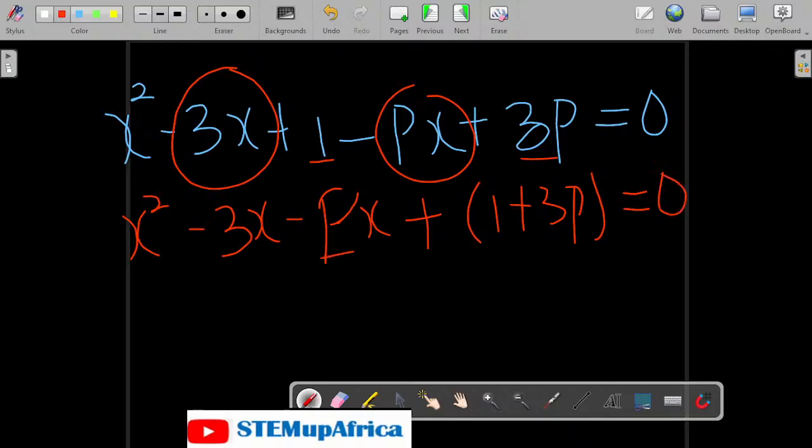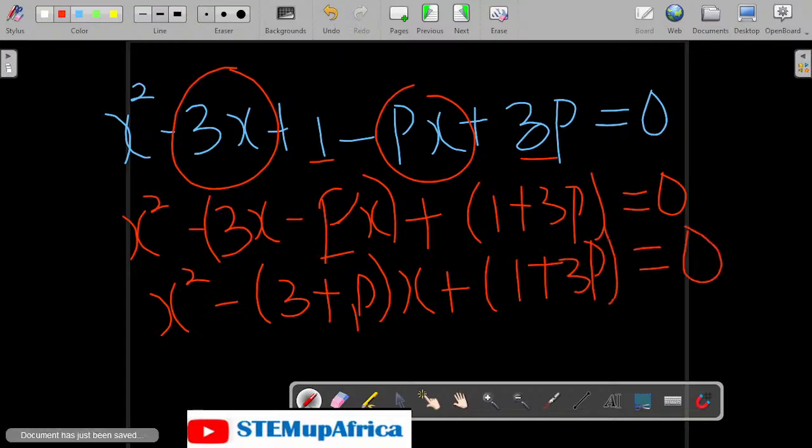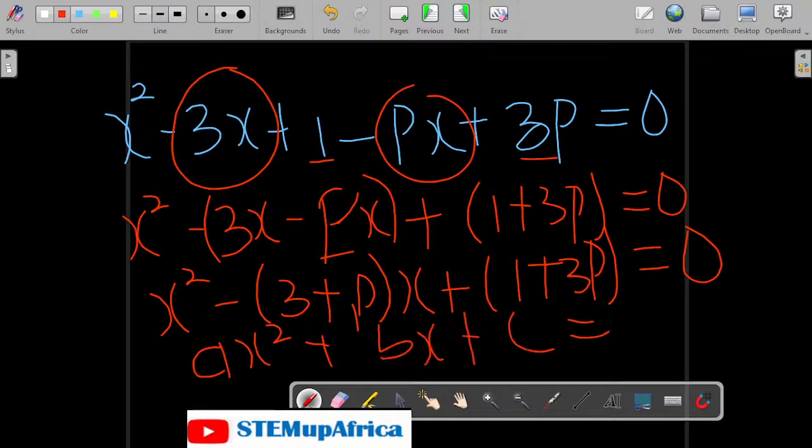So what is common from these two brackets here? x is common. So we have x squared minus (3 plus p)x plus 1 plus 3p is equal to 0. Now that I've arranged this, I will compare it to the standard equation, which is ax squared plus bx plus c equals 0.